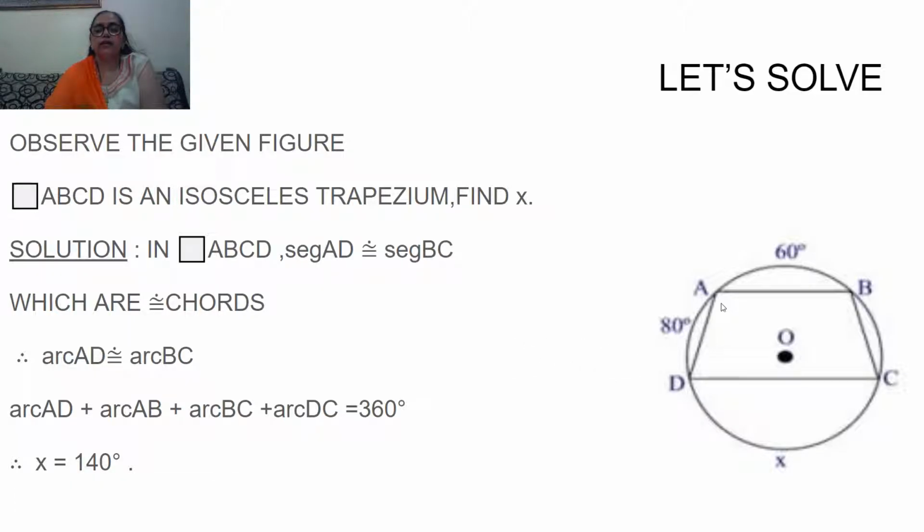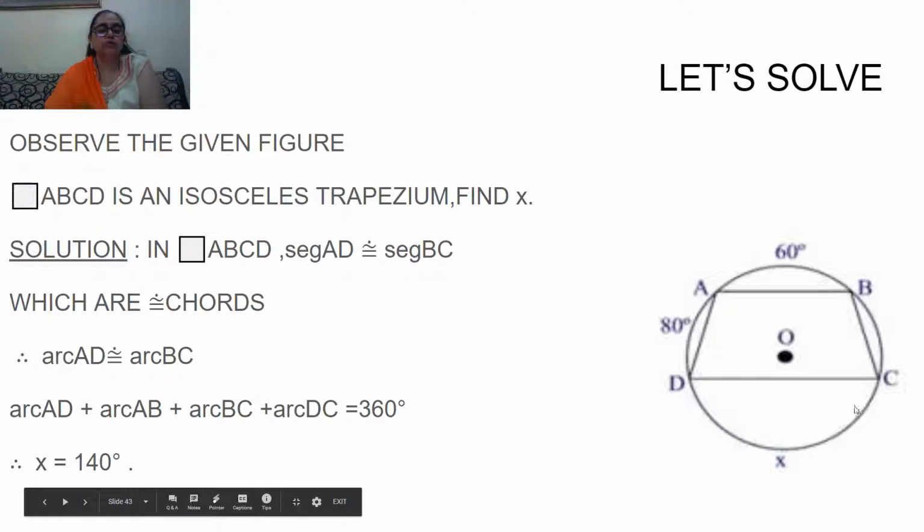Knowing the property that in an isosceles trapezium the non-parallel sides AD and BC are congruent, we know that the corresponding arc AD and arc BC will be congruent. Therefore, arc BC is equal to 80 degree. Knowing another property that the sum of the arcs of the circle is 360, we can find arc DC is equal to 140.